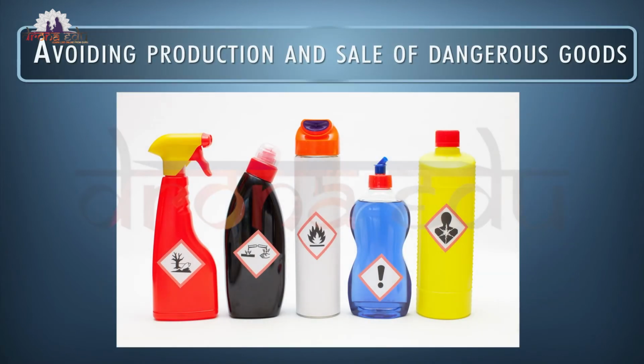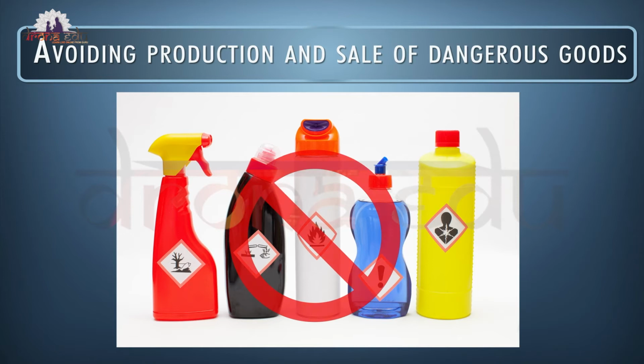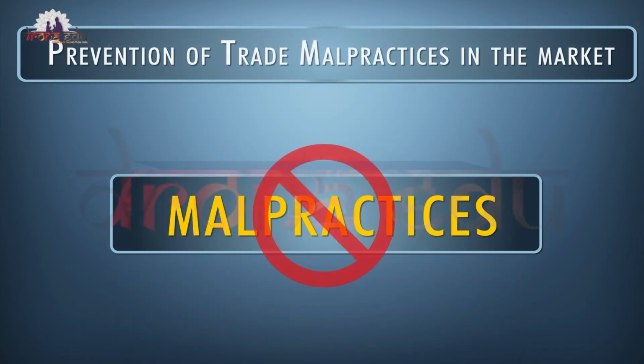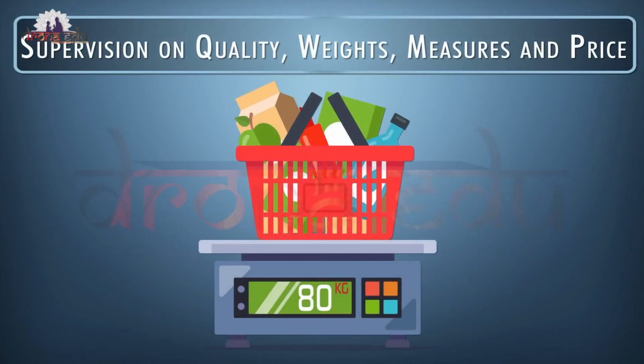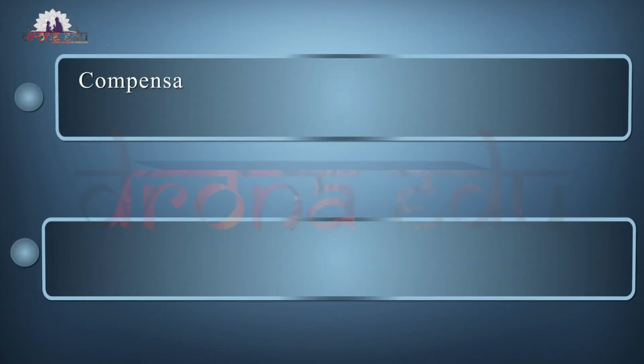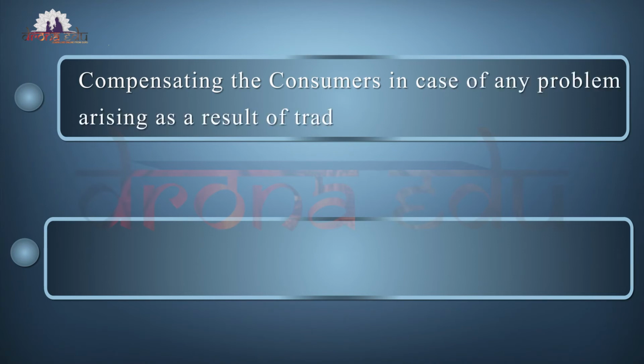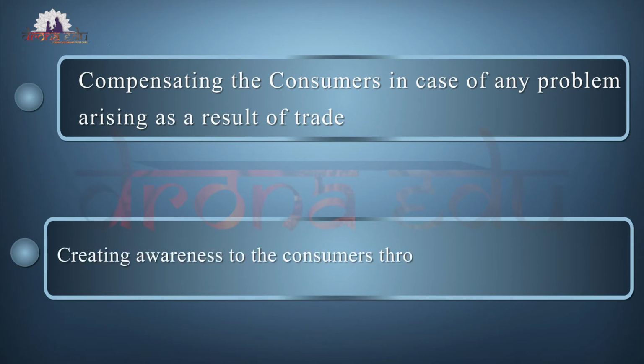Okay, so avoiding production and sale of dangerous goods, prevention of trade malpractices in the market, supervision on quality, weights, measures and price, compensating the consumers in case of any problem arising as a result of trade, creating awareness to the consumers through consumer protection or consumer education.